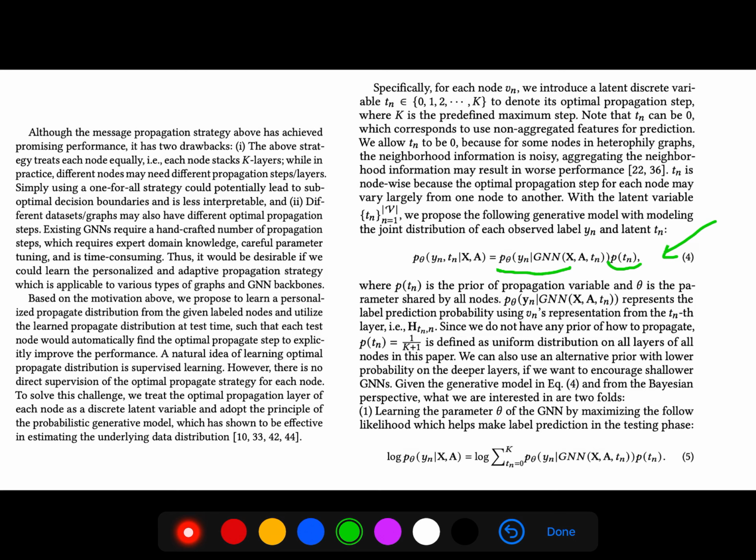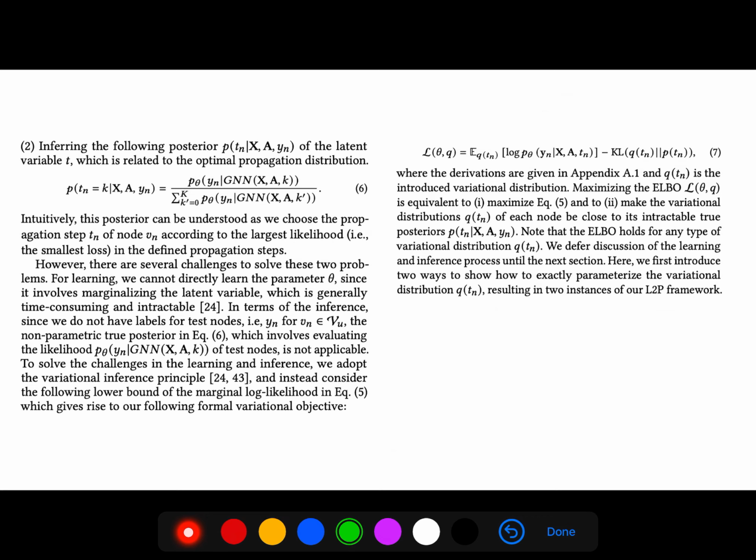Since we do not have any prior on how to propagate, p of t sub n is just 1 over k plus 1, a uniform distribution. Now, learning the parameter theta of the GNN by maximizing this likelihood helps make label predictions in the testing phase. Finally, we infer the following posterior of the latent variable.